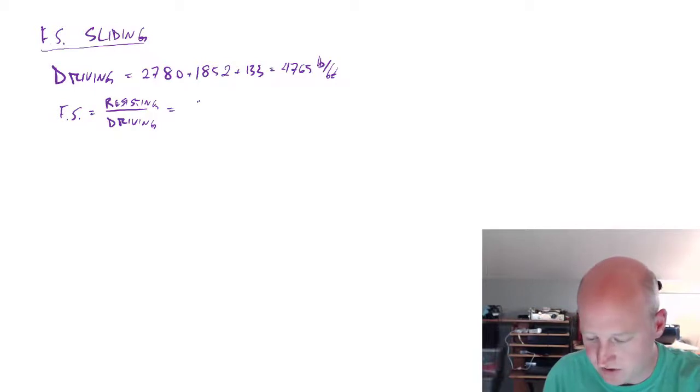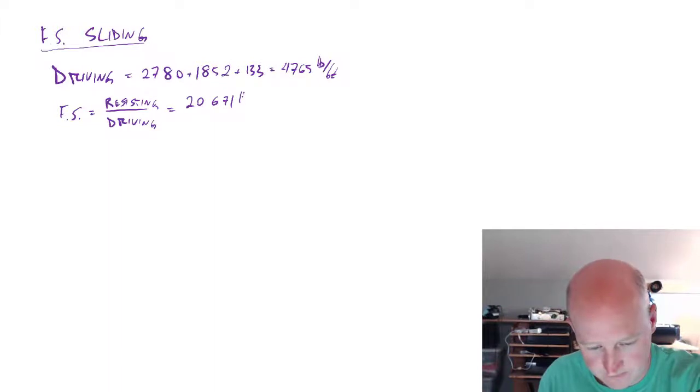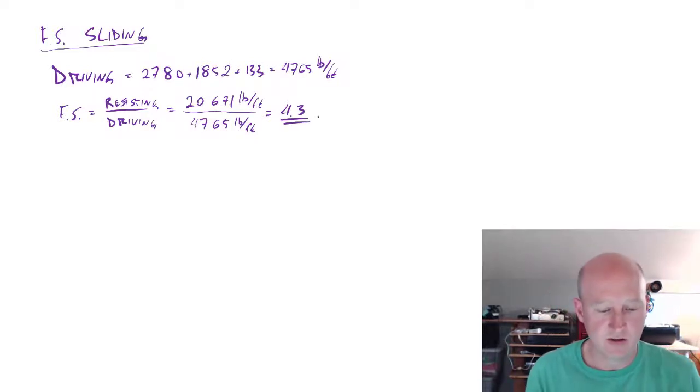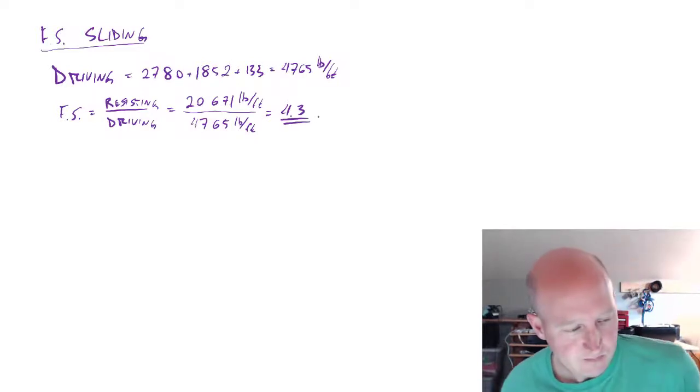And the resisting was that frictional component. Or 4.3. So our factor of safety is 4.3 in sliding.